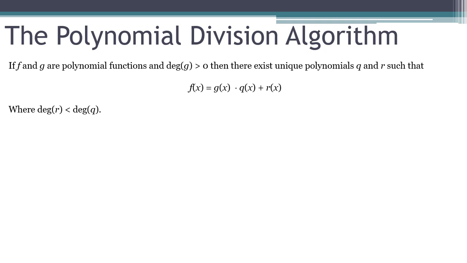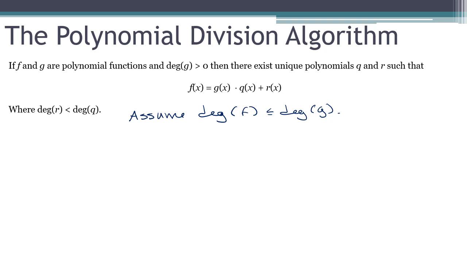Okay, so how are we going to do that? Well, first, I have to do that initial case. So to start off with, assume that the degree of f is less than or equal to the degree of g. So these are the small numbers.